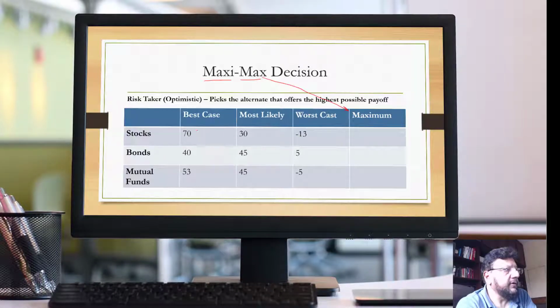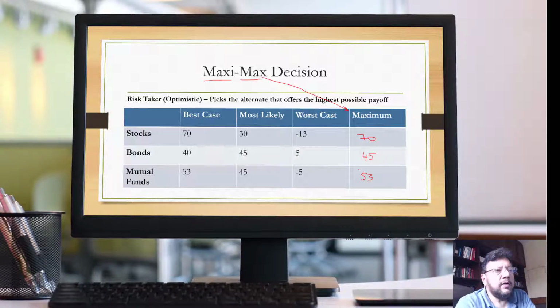So the maximum possible return for stocks is 45. So we put 45 here. And the maximum possible return for mutual funds is 53. So we put 53 in this column.